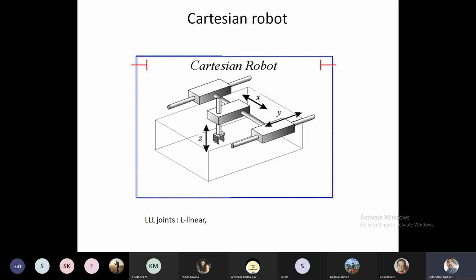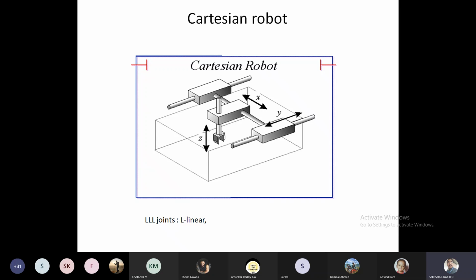All the links have linear movement, translation, prismatic. Along the x direction it is linear, along the y direction it is linear, along the z direction it is linear. Since it has only linear joints, linear manipulators, there will be a slight restriction in doing complicated jobs.